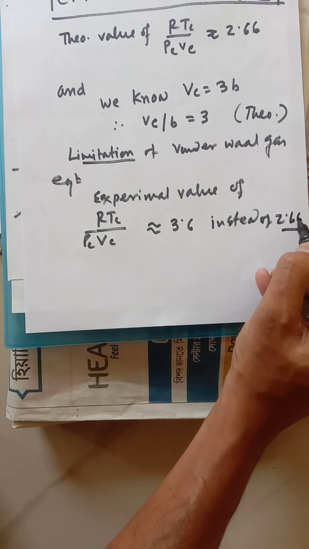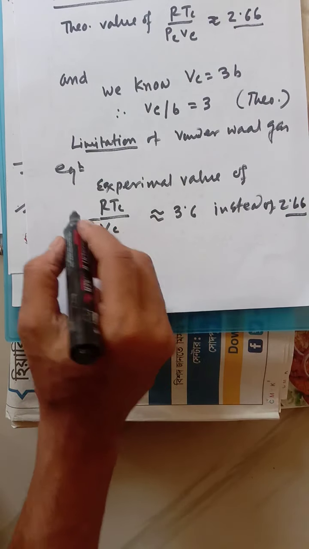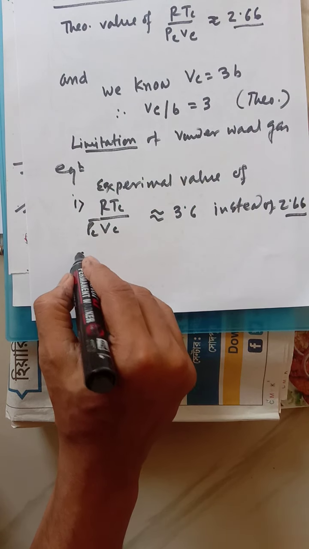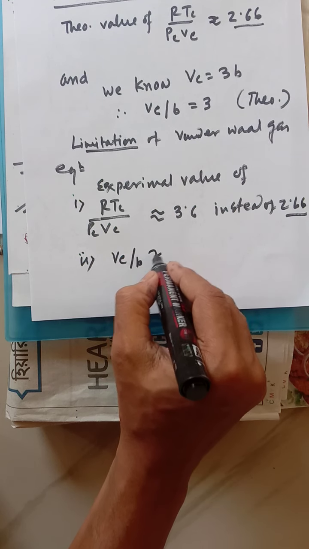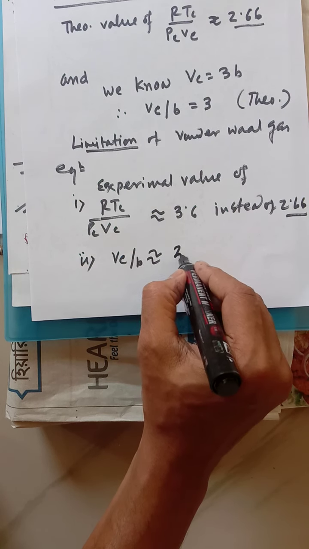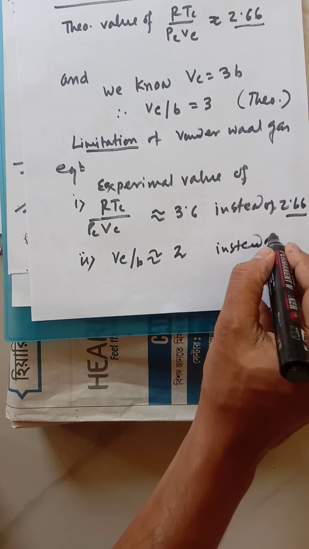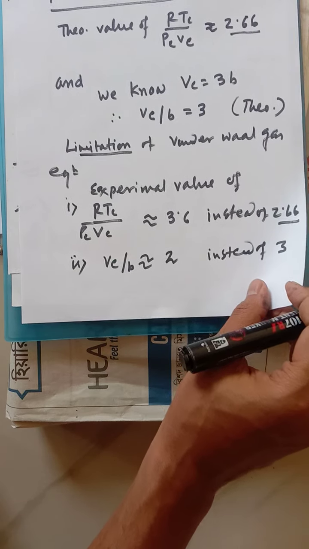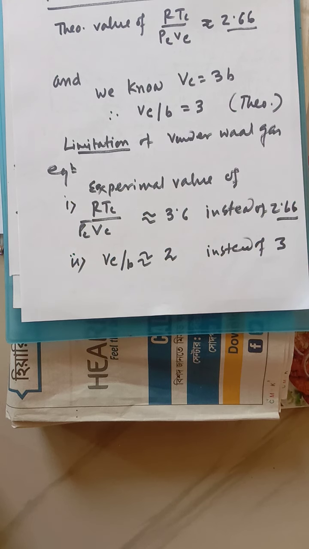That means the theoretical value from the Van der Waals gas equation differs. This is the first limitation. Now the second one is that VC by B is near about 2 instead of 3. So these are the two limitations, that means validity classification of real gas equation or Van der Waals gas equation.